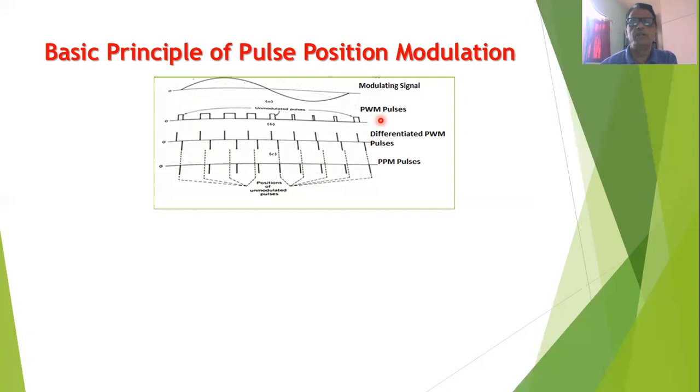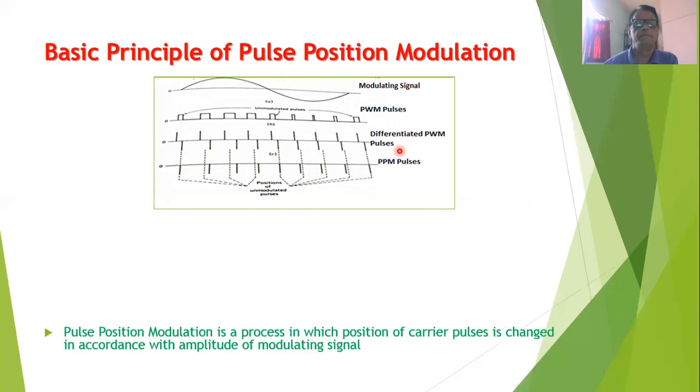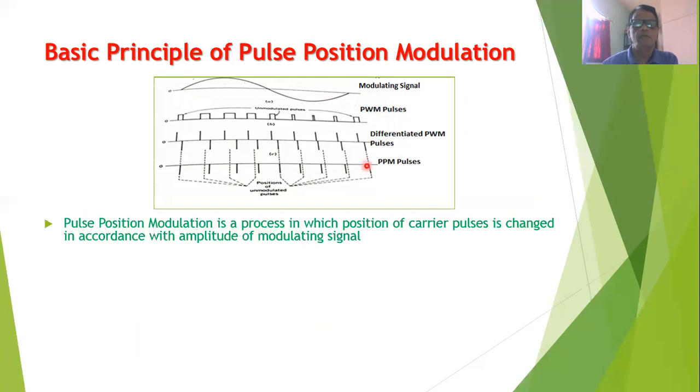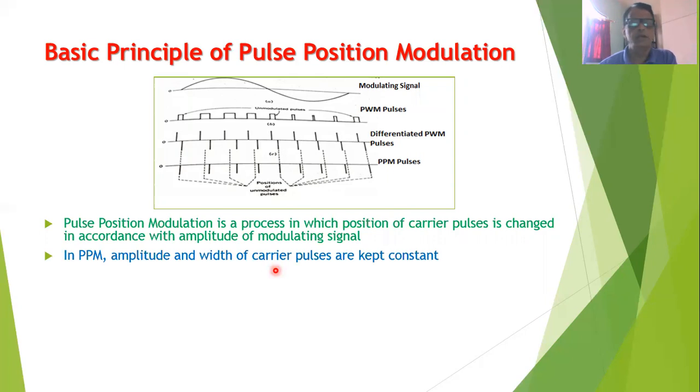After differentiation, we can generate the PPM pulses. Pulse position modulation is a process in which the position of the carrier pulses is changed in accordance with the amplitude of the modulating signal, and therefore, in this technique, the amplitude and width of the carrier pulses are kept constant.